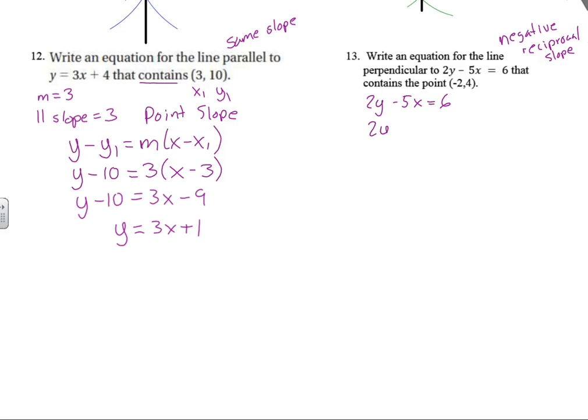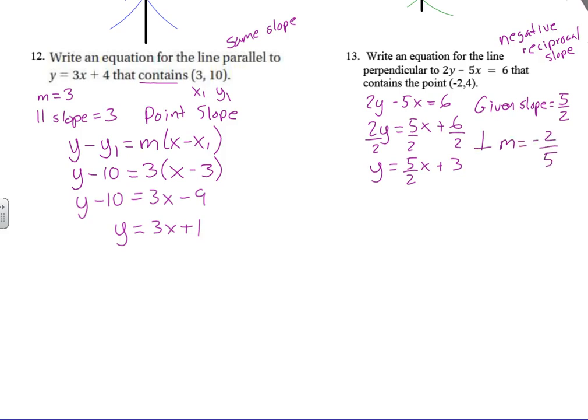I'm going to add 5x to the other side and divide by 2. So y equals 5 halves x plus 3. So the given slope is 5 halves, and the perpendicular slope would be negative 2/5.